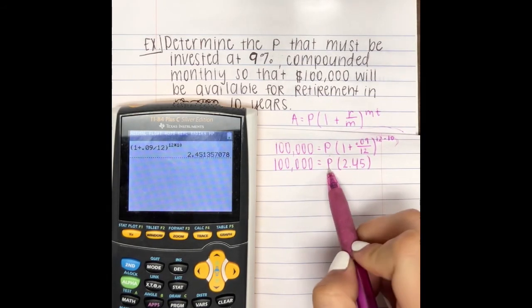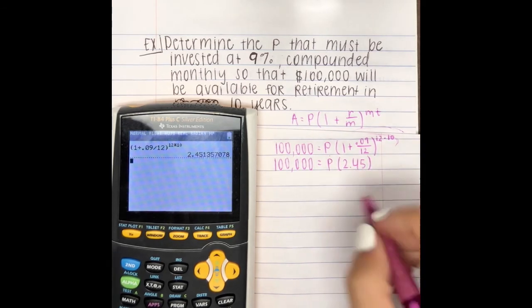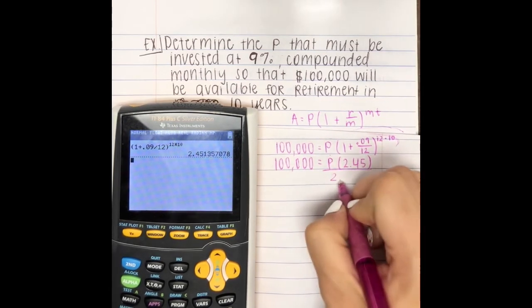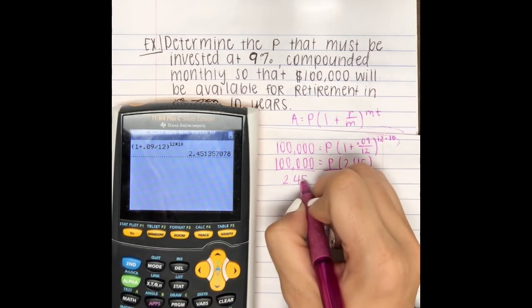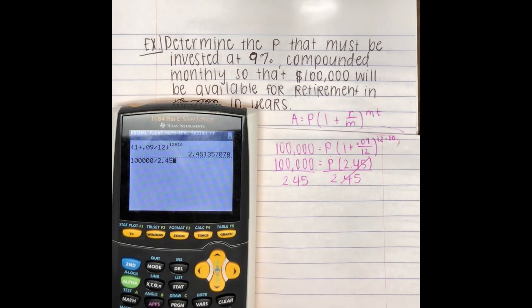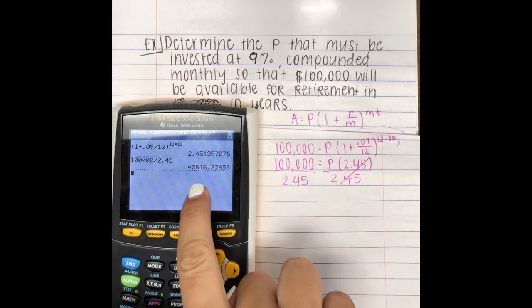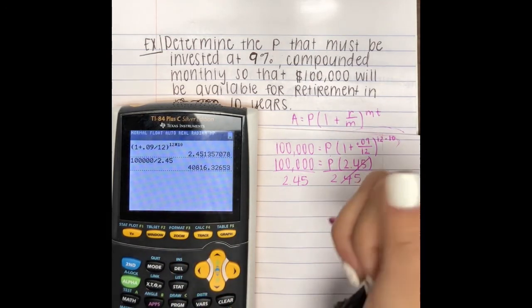And in order to solve for P, we need to get it by itself. Since it's being multiplied by 2.45, we're gonna do the opposite and divide by 2.45 on both sides. So it cancels out on the right. And then we're gonna do 100,000 divided by 2.45, and we get 40,816.33.